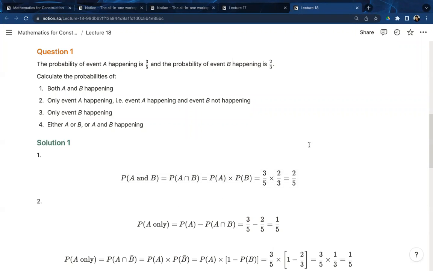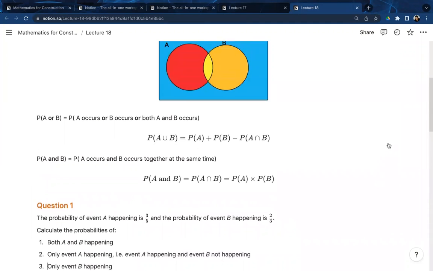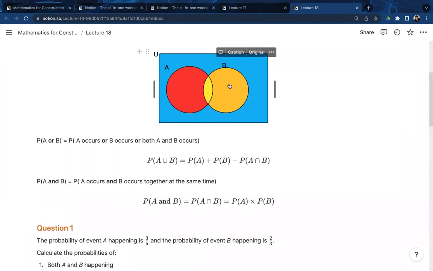Only B happening is very similar to part 2, only A happening. We have two ways we could do it. We could look at it as B alone happening. If you watch the diagram here, that's the orange part. It means for the entire B circle, we need to subtract the yellow part.